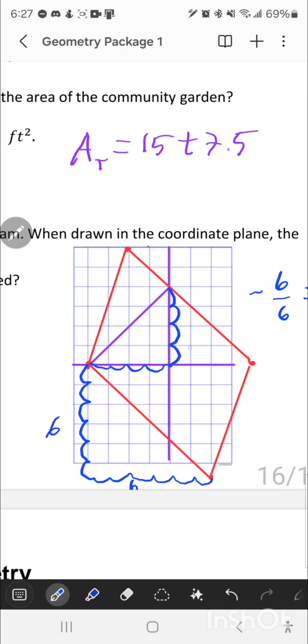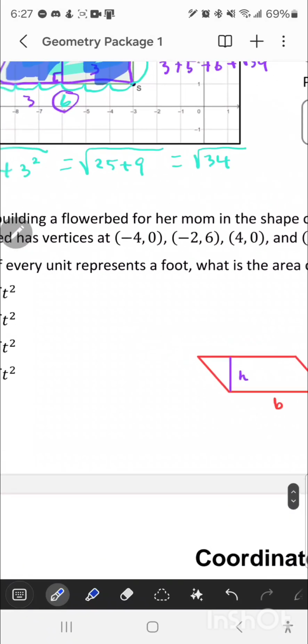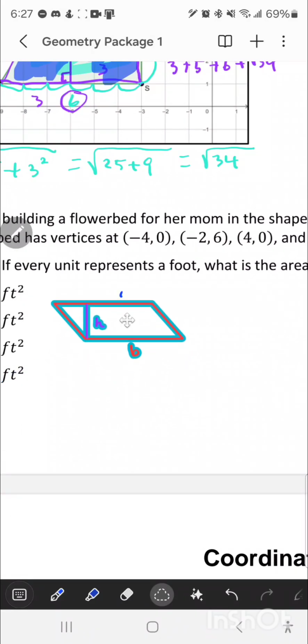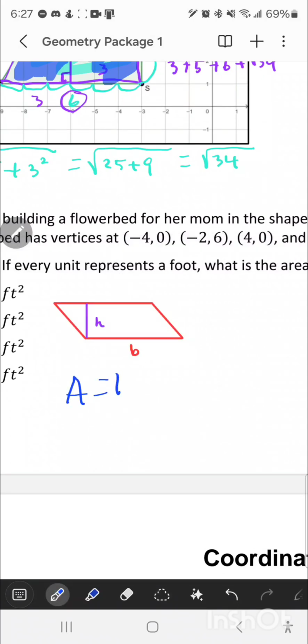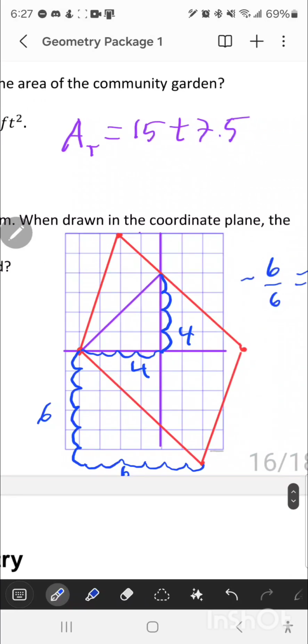Okay, I deleted this where we need it. Now the formula is area. I'm going to move this right here, so it's not in the middle. Area equals base times height. We need to calculate the length of the base and the height.